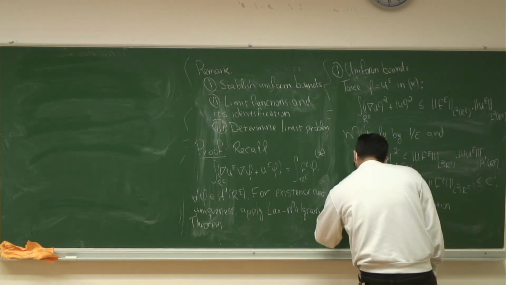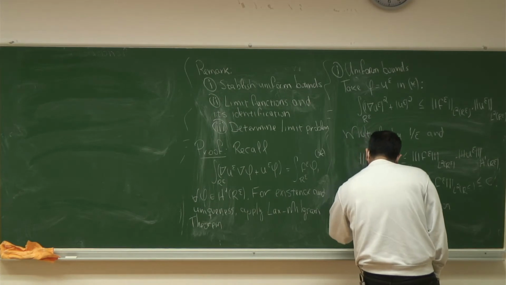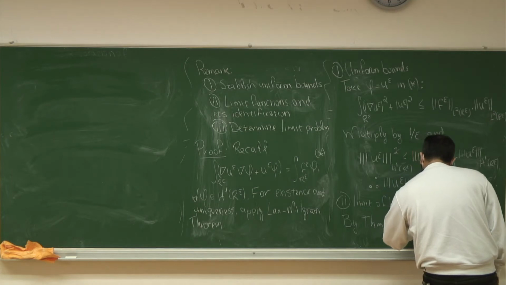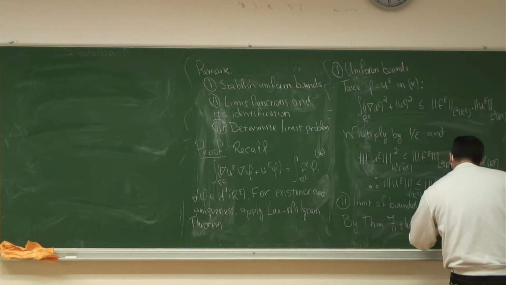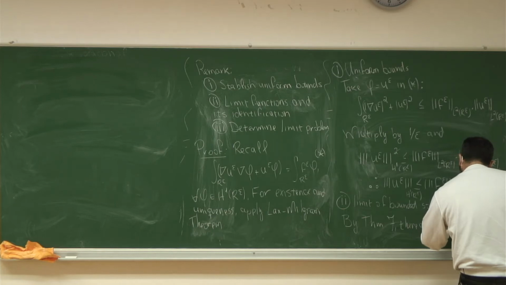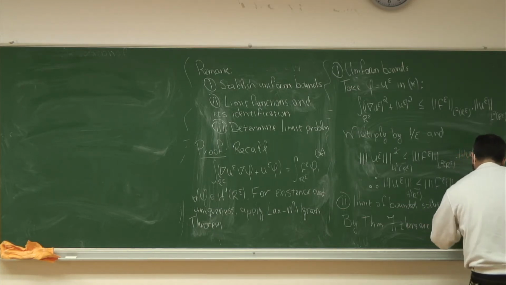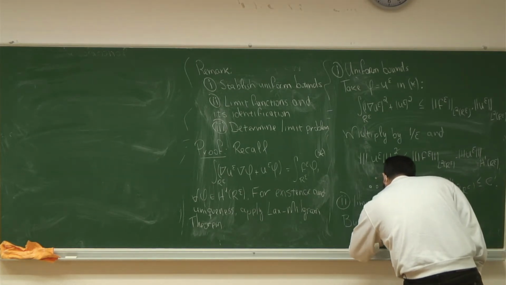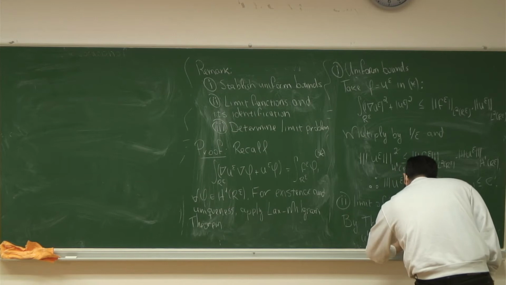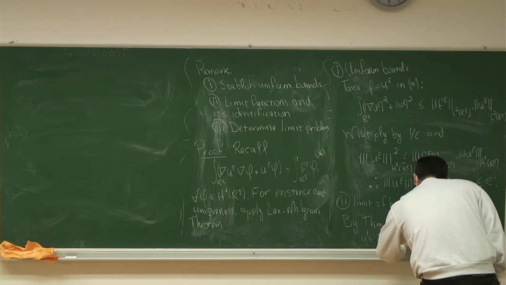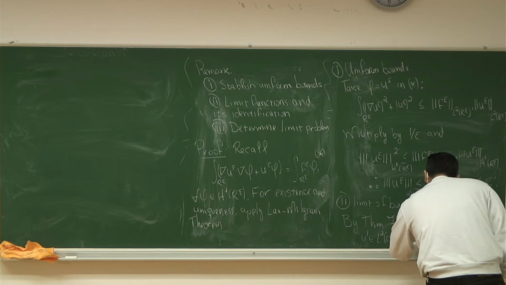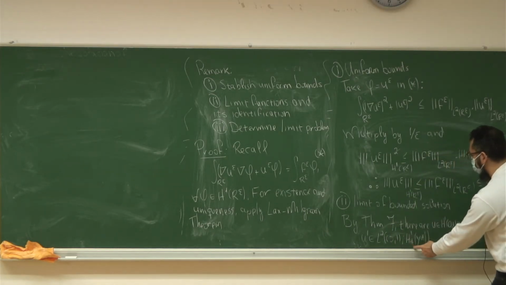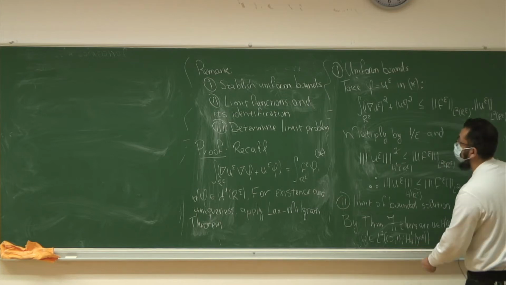So, by theorem 7, there are u in H1 of (0,1) and u1 in L2 of (0,1) with values in H1 periodic. Recall that this symbol here means periodicity in the variable y1.